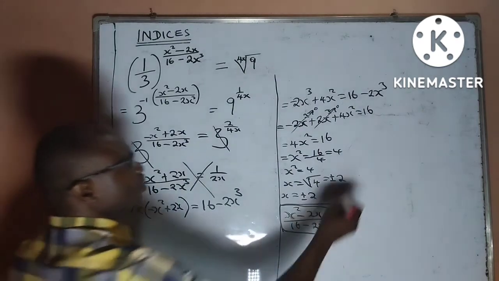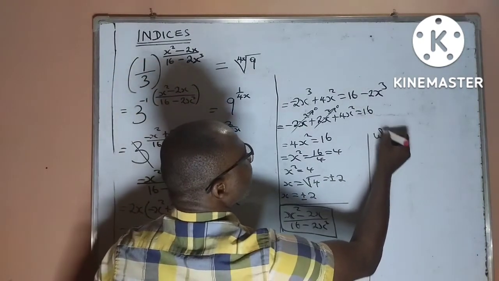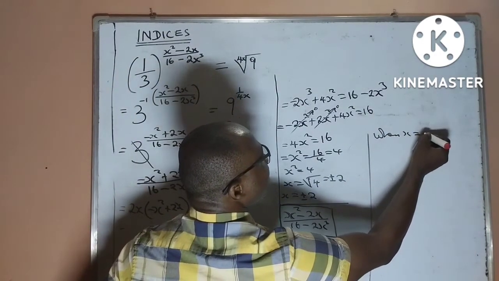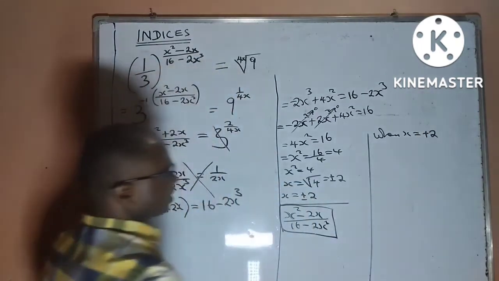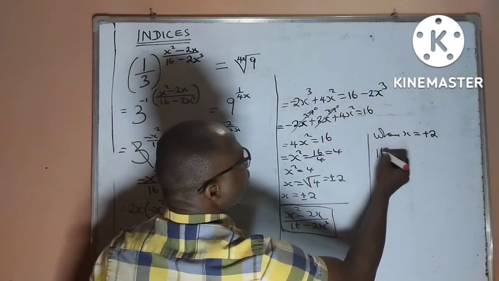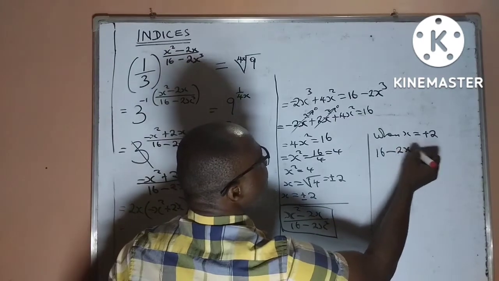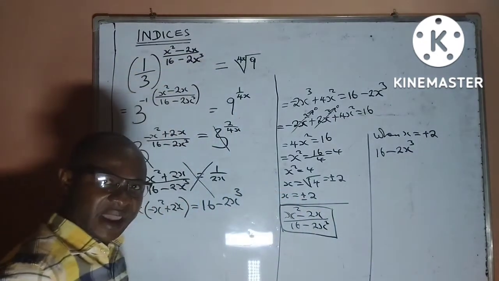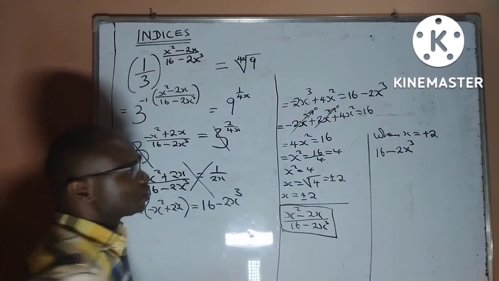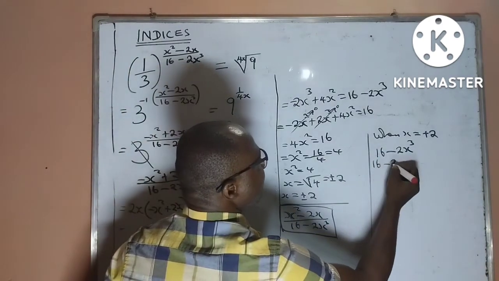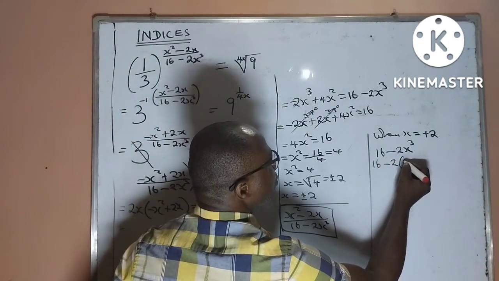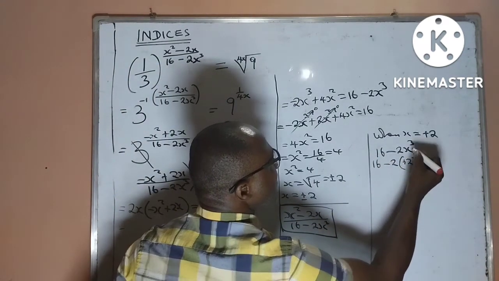So, first and foremost, let me take x equal to positive 2. When I do that in the denominator, which is 16 minus 2x raised to the power 3, anywhere I see x, I put plus 2. That is going to give me 16 minus 2 into 2 positive raised to the power 3.